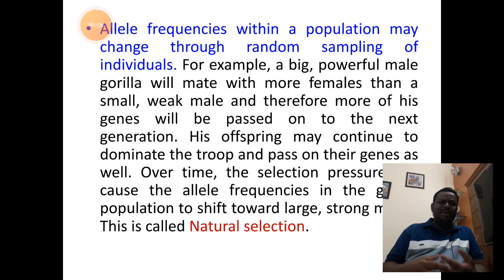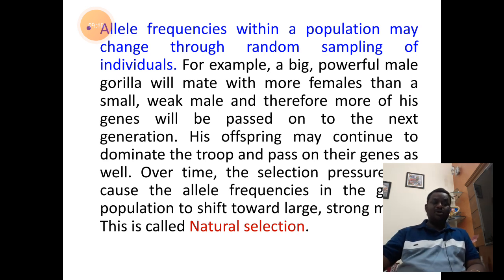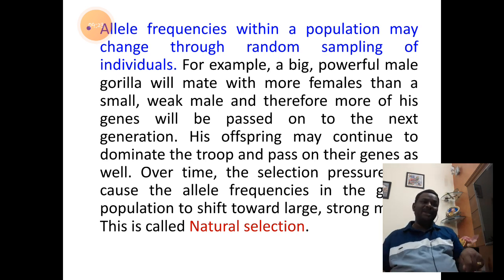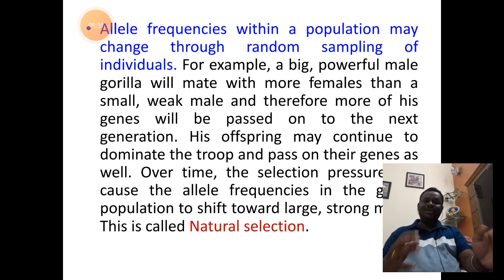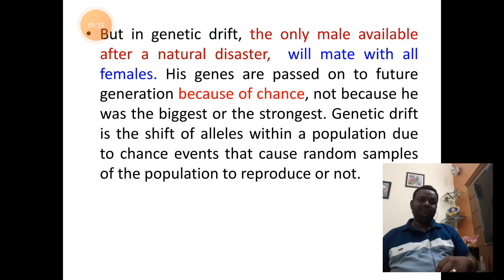And you remember, students, the leader gorilla's genes are inherited, but not those of the rest of the male gorillas of the troop. Strong ones are selected by nature. And we call this process natural selection. When strong male genes are inherited by all the offspring of the troop, all the rest of the males will be suppressed there. So we call it natural selection.